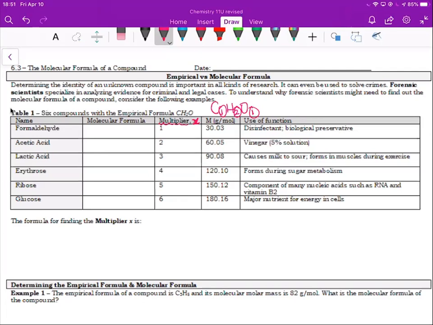So this first one, since it's only 1, it's going to be CH2O, and that's formaldehyde. And then you go from formaldehyde to acetic acid just by multiplying everything by 2.